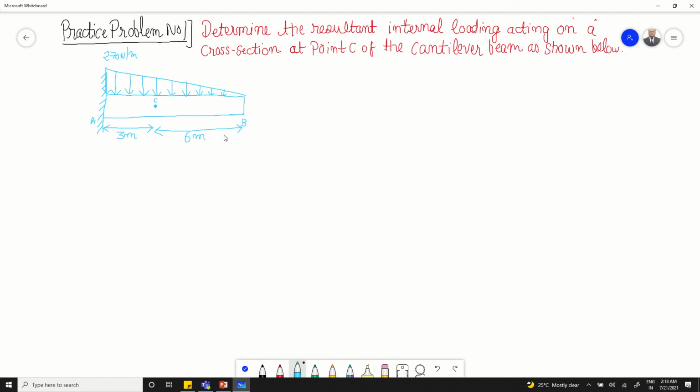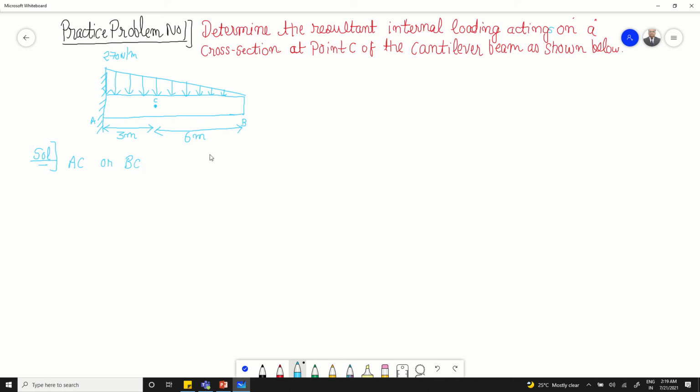All right. So let us try to work out the resultant internal loadings that act at point C on this cantilever beam. So let us say solution. You can solve this problem by taking either of the two sections, section AC or section BC.